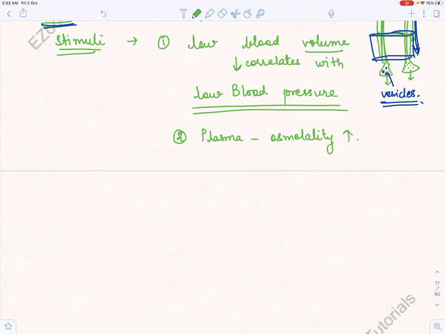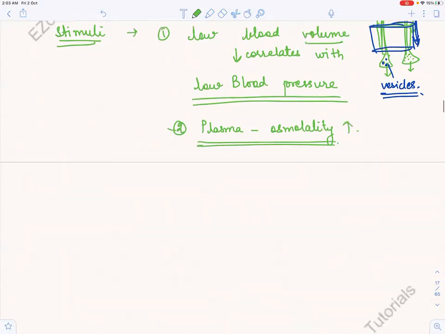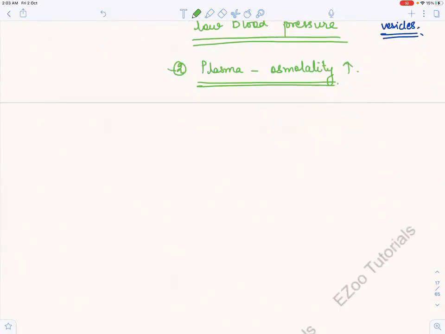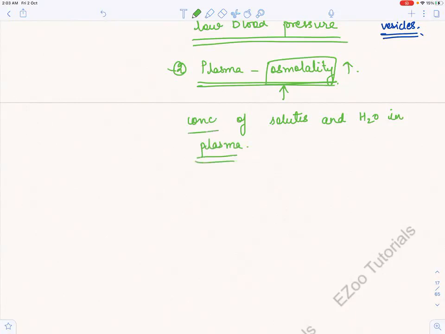Let us see what we mean by this word and how it acts as a stimulus. Osmolality means the concentration of solutes and water in the plasma. We have already learned body circulation, so we now know what plasma is.